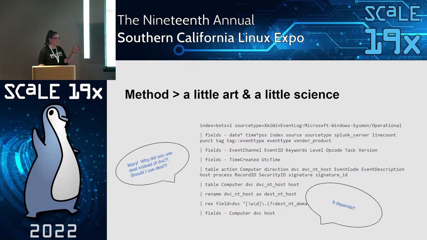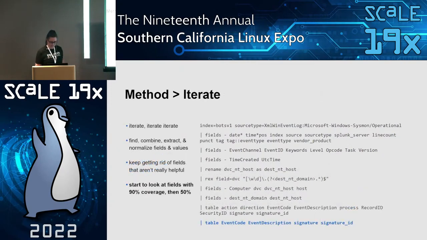Fundamentally, you should come up with the same result at the very end. You should, at the end, have roughly the same fields, normalized roughly the same. And then you just iterate. We walk through all of this again, and then we start to look at fields with 90% coverage and then 50% coverage.